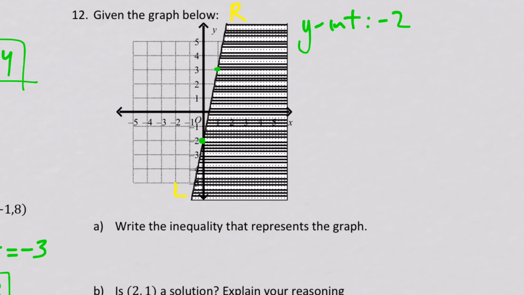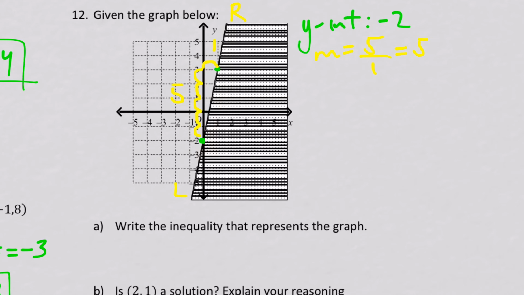So as I count from this point to this point, I have to count up 1, 2, 3, 4, 5 times, and then I run once. So my slope will be 5/1, which we'll just call 5.